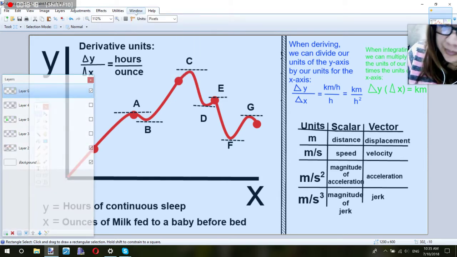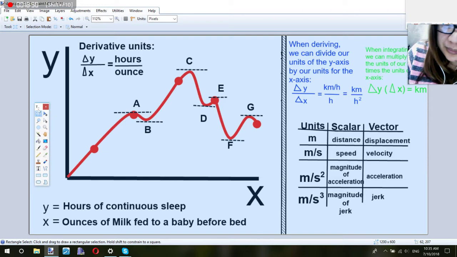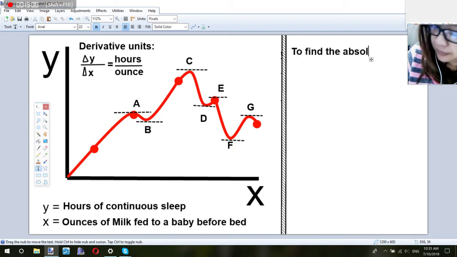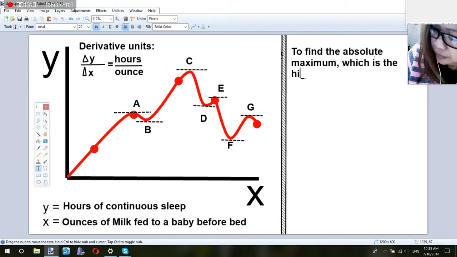So the first thing we need to do to find the absolute maximum, which is the highest possible point on a graph.